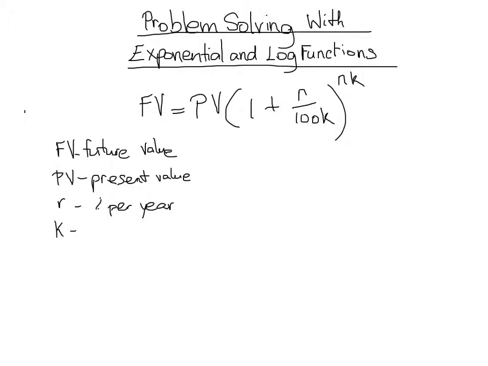K is compounding periods per year. So for example, if it's a monthly calculation, K would be 12. Finally, N is the number of years.